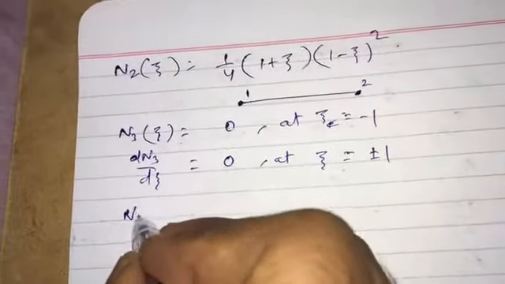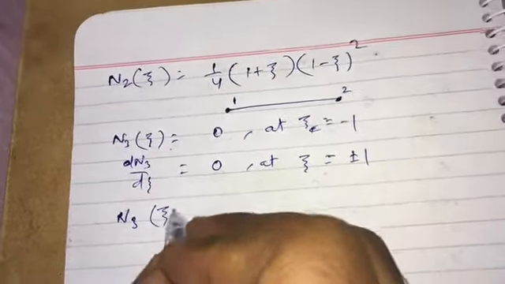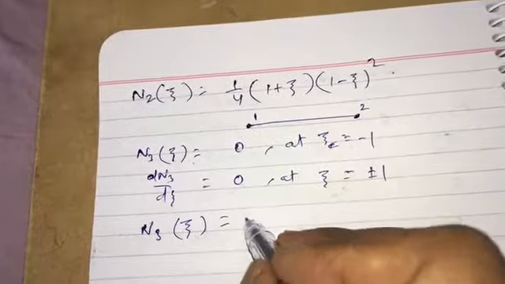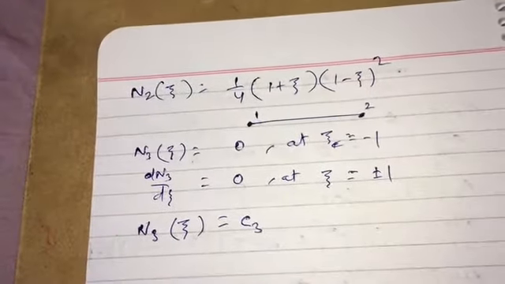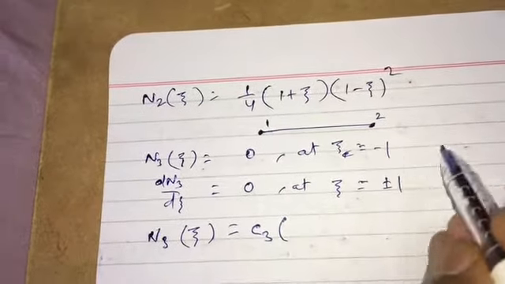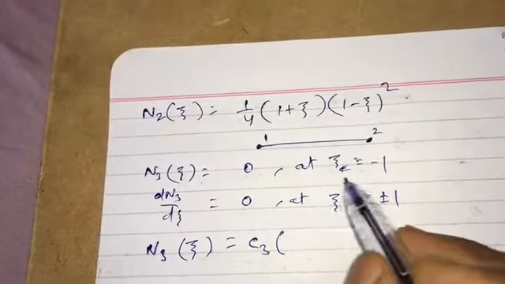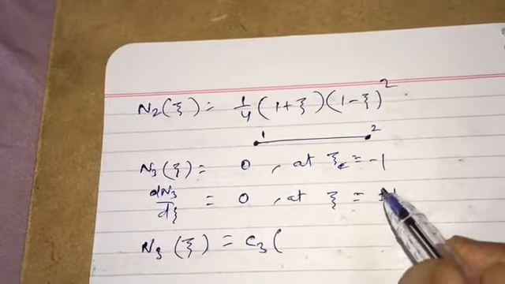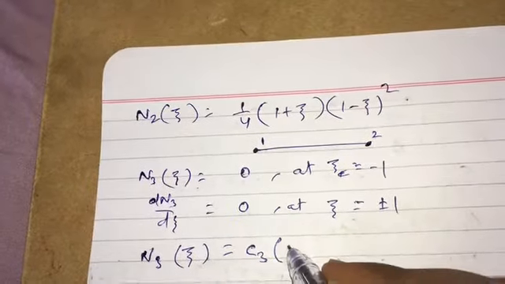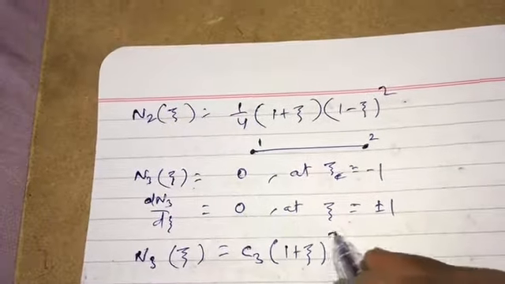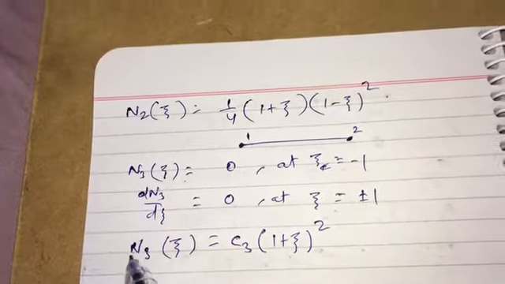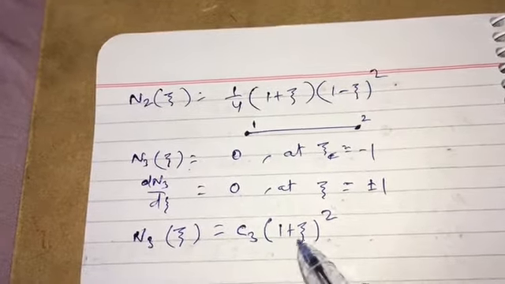We can compose N3 xi is equal to, let's say we call it C3, and then what should we have? We should have, at xi equal to minus 1, 1 plus xi we have to square, so that N3 is 0 at xi equal to minus 1 and the derivative of N3 is also 0 at xi equal to minus 1.